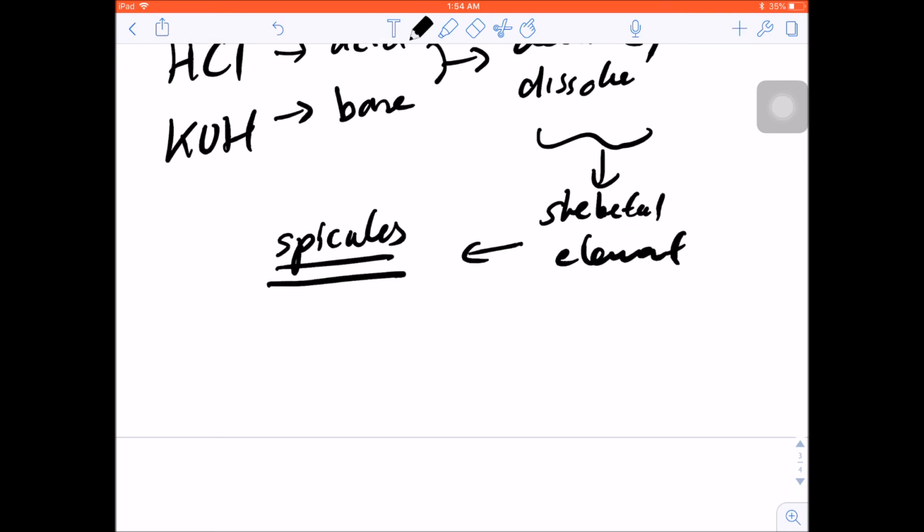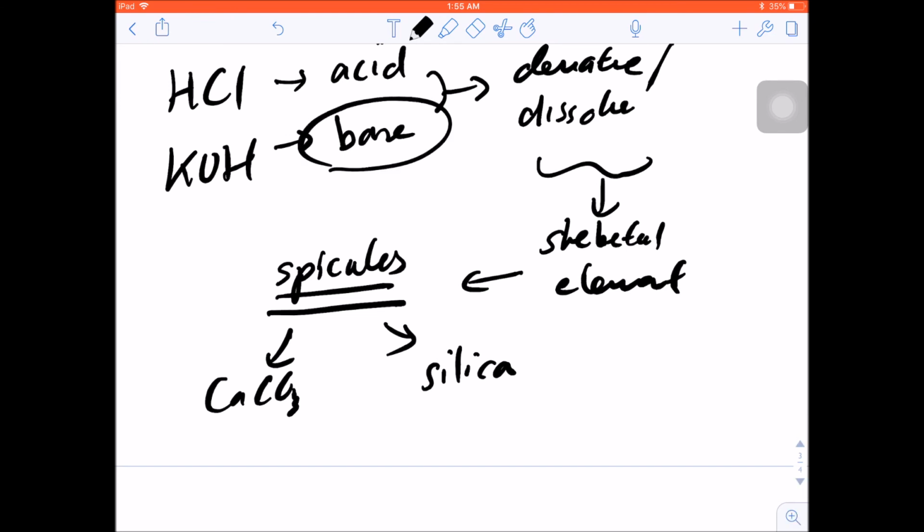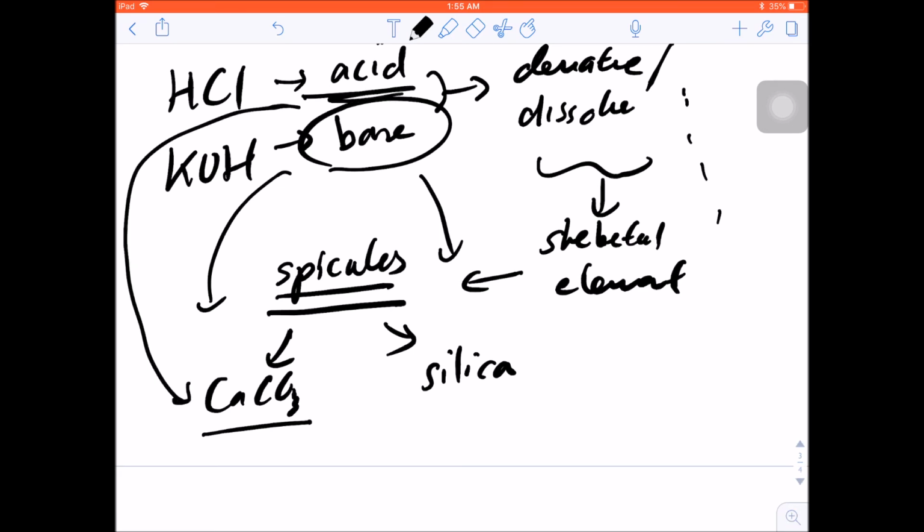And the spicules, again, can be made out of calcium carbonate or silica. Now, in a strong base, once you dissolve all this fleshy material, you get the spicules. It does not interact with calcium carbonate, nor does it interact with the silica. But acid will dissolve calcium carbonate.